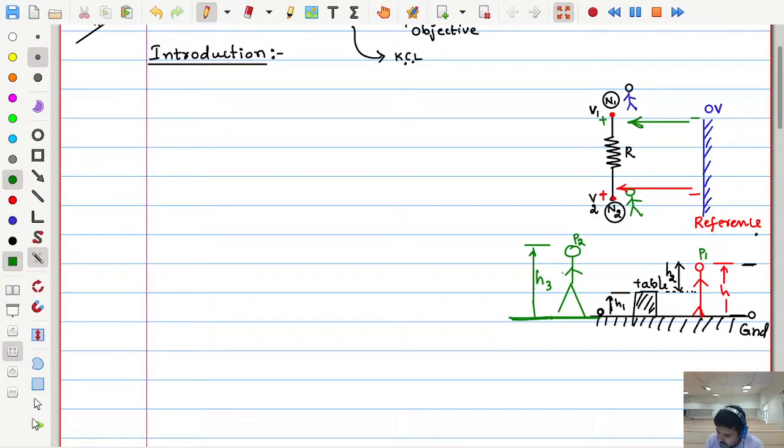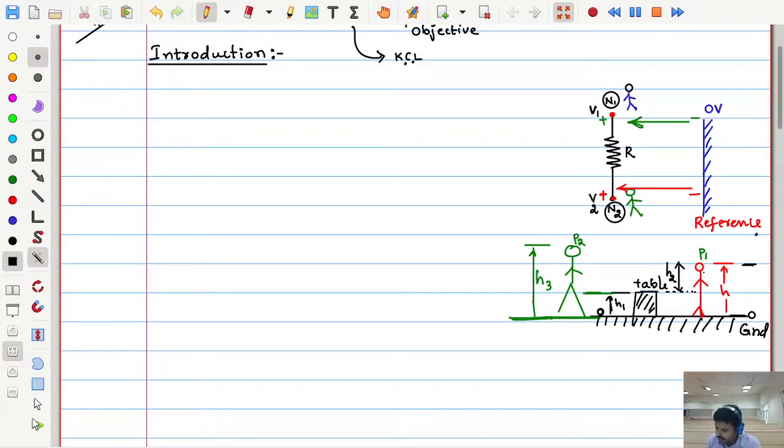And we can also say this P2 person's height with respect to some other object, but preferably let us not take it with respect to two different objects, so that we will not have any trouble in comparison of the height. Like I want to say whether P1 is higher or P2 is higher.